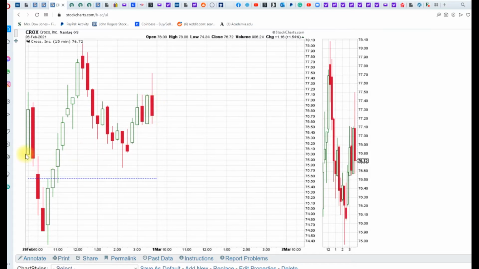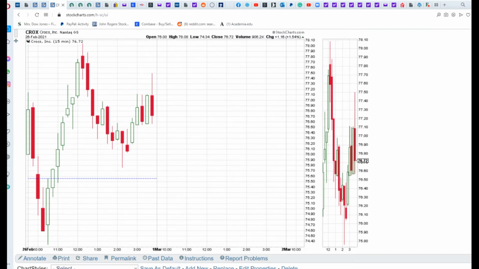So between this opening here, where it opened at this, and it closed here, this is where we got that $1.16. But in between, we have a larger amount of movement on the stock, and day traders take advantage of that. Some of them use the 15-minute chart, but there could be hours and 4.